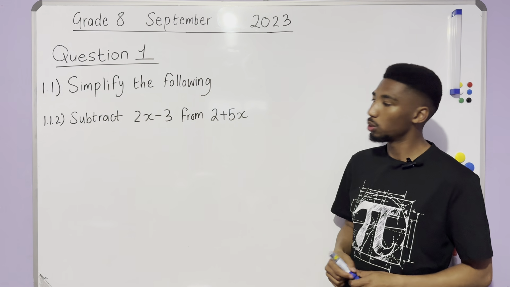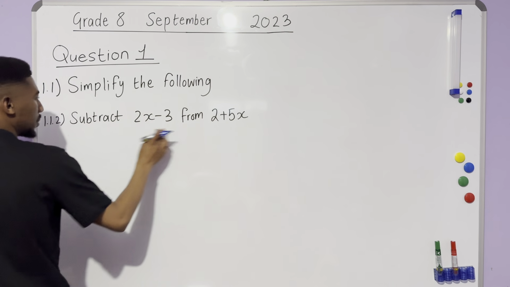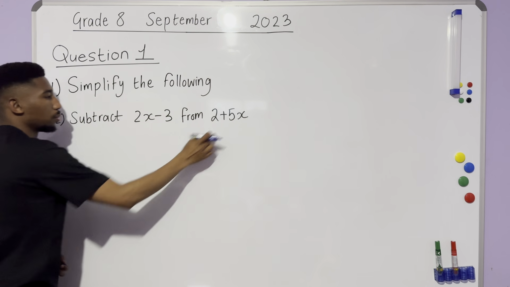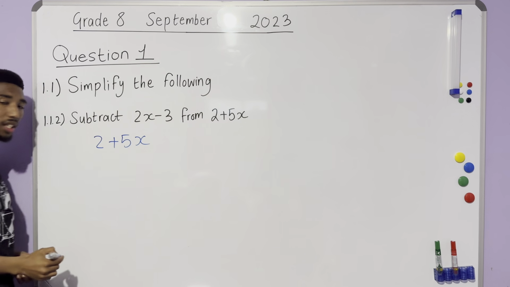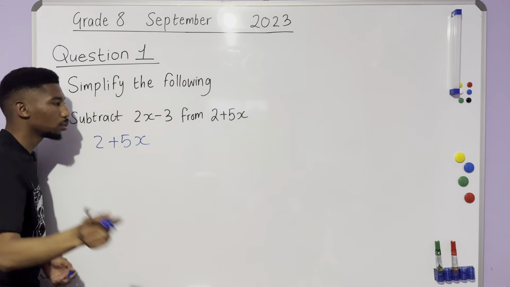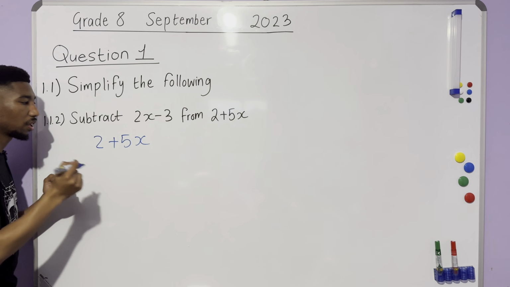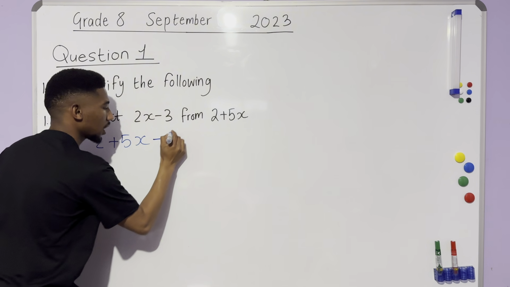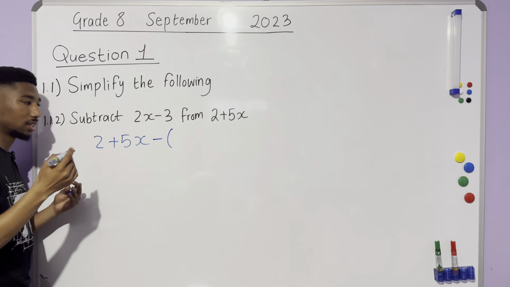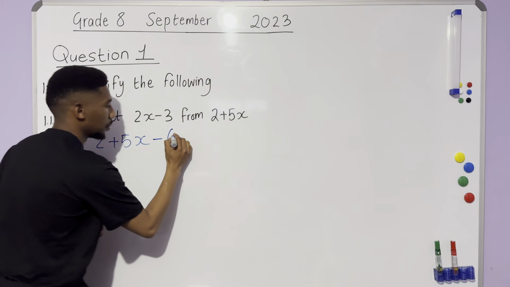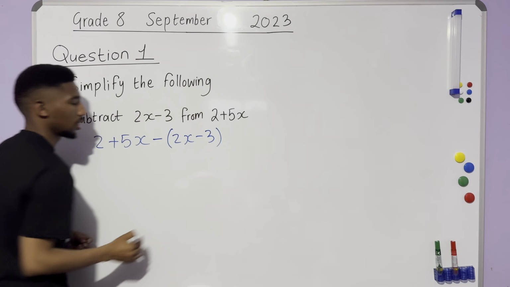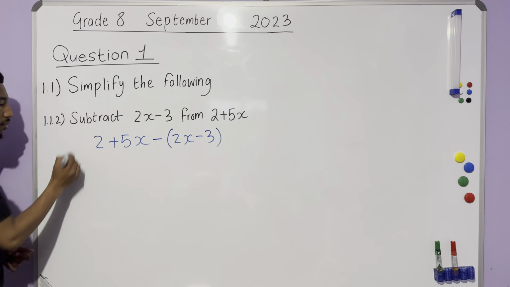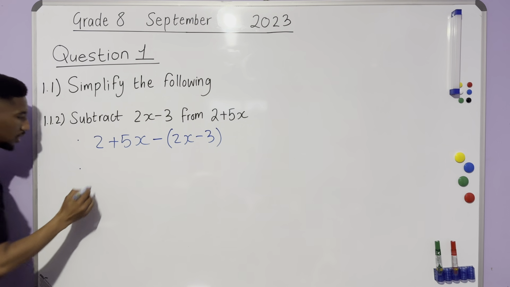So when we do that, we are subtracting 2x minus 3 from 2 plus 5x. So we start with 2 plus 5x. When we do subtract an expression from another expression, we subtract and we put the second expression in brackets. Okay, like that. And then from there, we simplify.